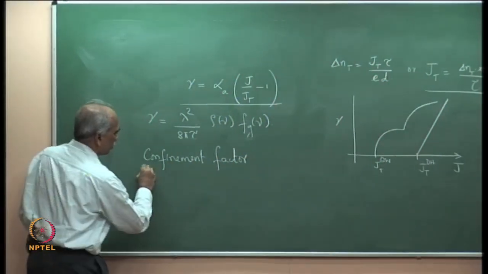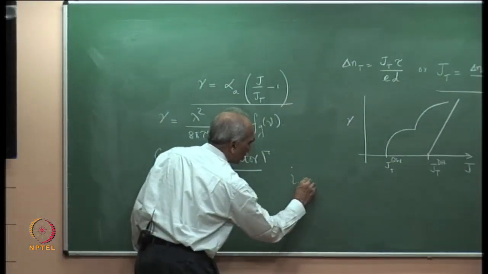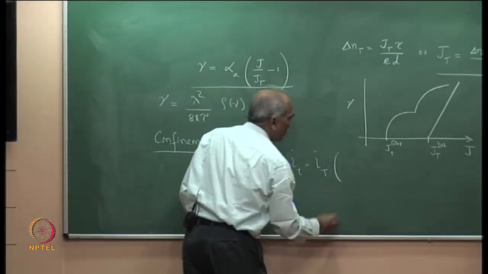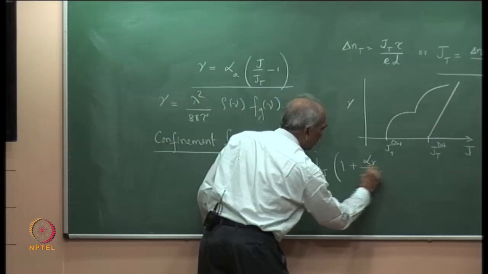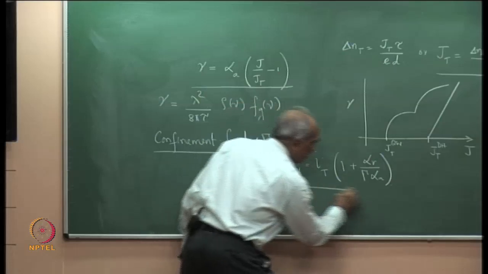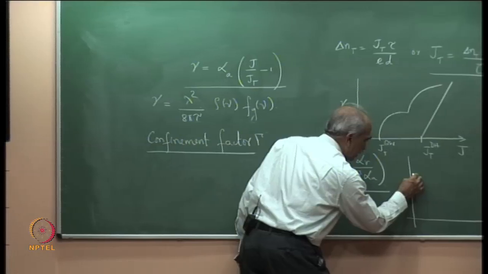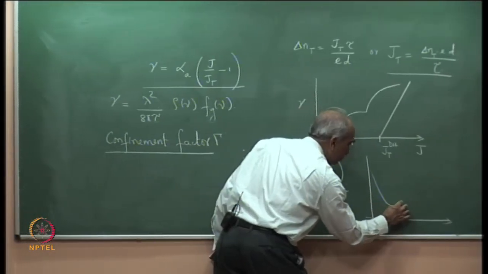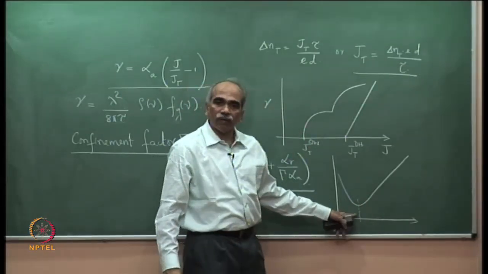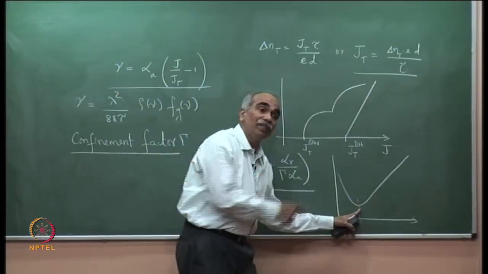With this, we had an expression for threshold I is equal to I, or J you can write for J, into 1 plus alpha r, we have derived this, gamma into alpha A. And we had seen that the threshold current comes out to be a minimum at a value which is approximately 0.1 or 0.2 micron, and that is why double heterostructure lasers had a thickness D equal to 0.2 micron. We have discussed this in detail.